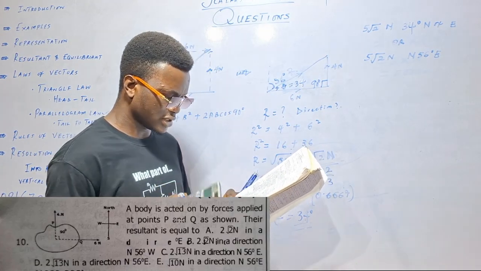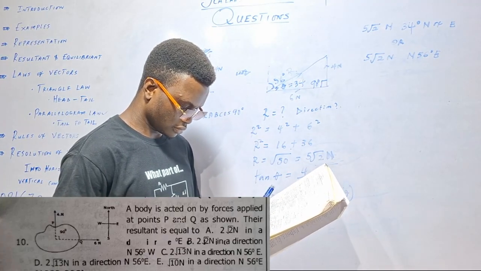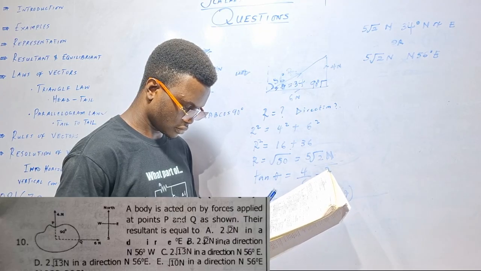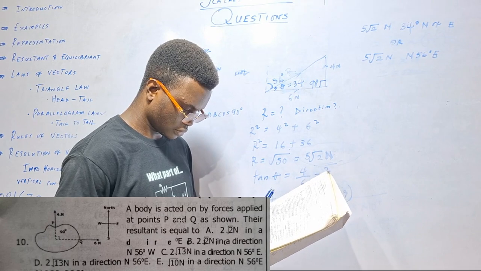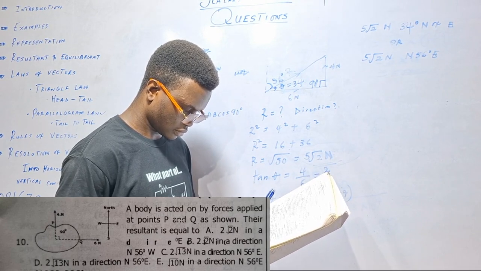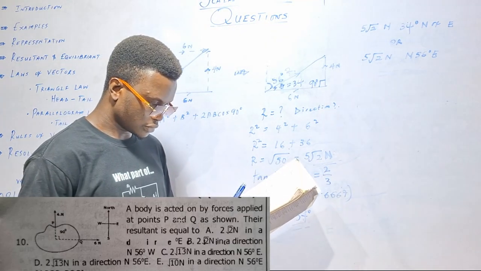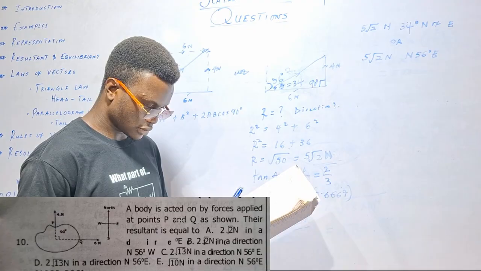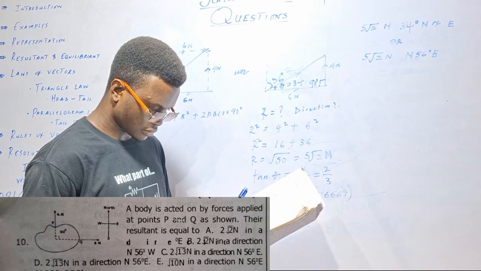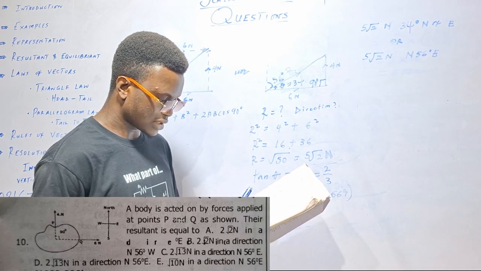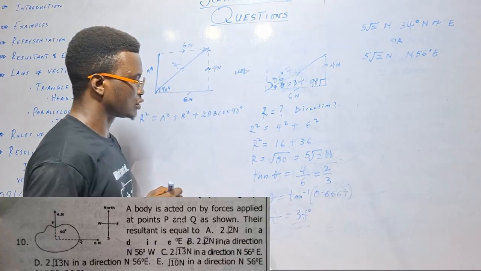You can't really see it clearly what is written there, but root 2. So I think my answer is option D, 2 root 13. 2 root 13.